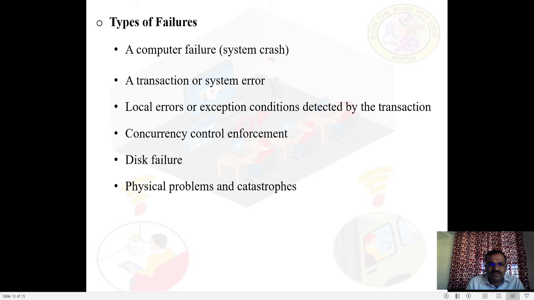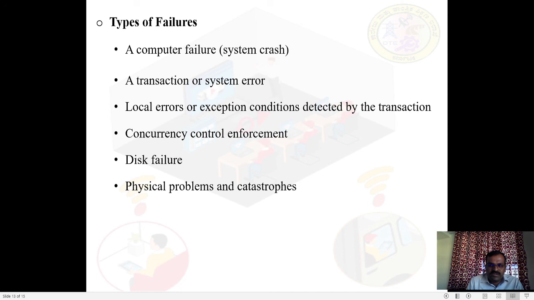The third type of failure is local errors or exception conditions detected by the transaction. During transaction execution, certain conditions may occur that necessitate cancellation of the transaction. For example, data for the transaction may not be found.